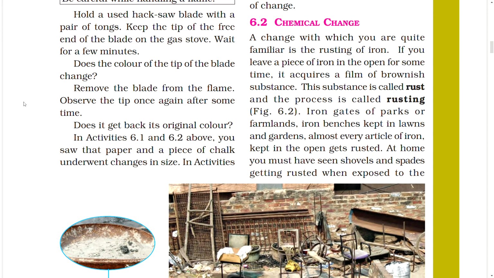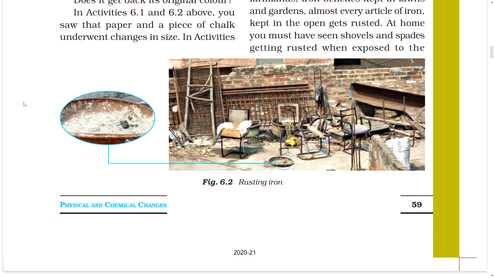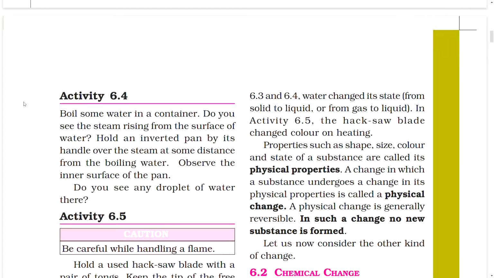In activities 6.1 and 6.2 above, you saw that paper and a piece of chalk underwent changes in size. In activities 6.3 and 6.4, ice and water change their state from solid to liquid or from gas to liquid. In activity 6.5, the hacksaw blade changed color on heating.